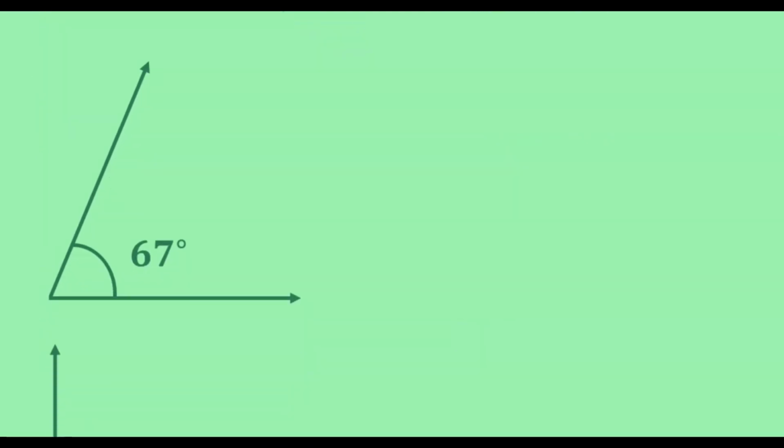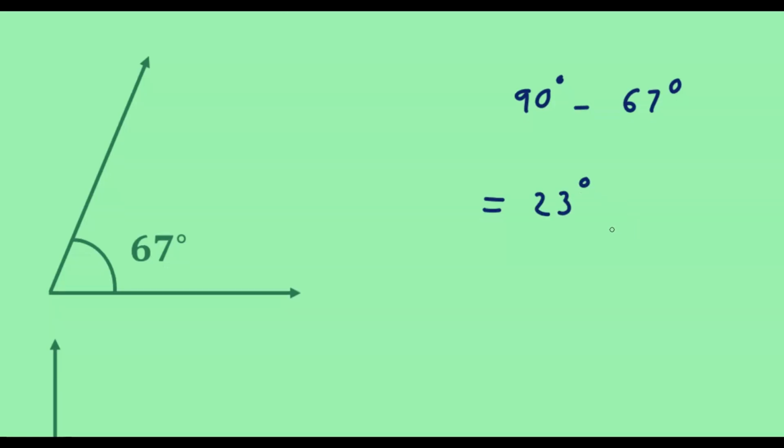So the next angle we need to find the complement of is a 67-degree angle. How do we do that? We subtract 67 degrees from 90 degrees. So 90 degrees minus 67 degrees is equal to 23 degrees, and so the complement of 67 degrees is 23 degrees.